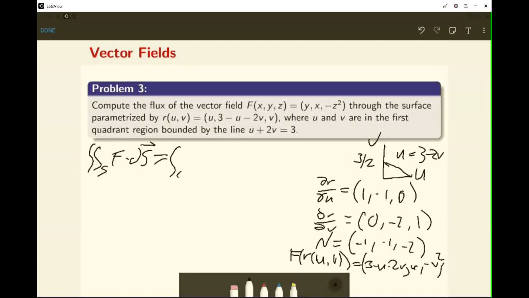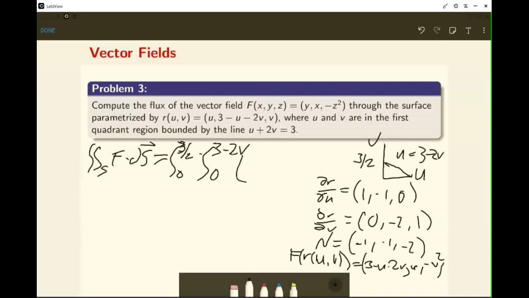So if we parameterize v on the outside, that's 0 to 3/2. So v on the outside, u goes to 3 minus 2v.